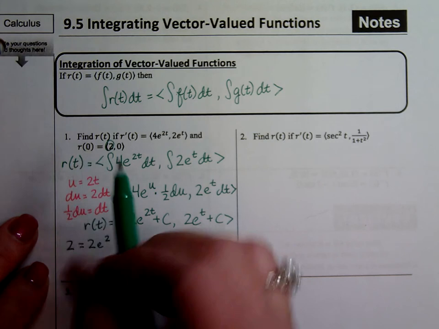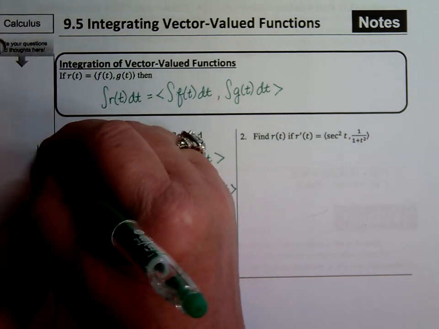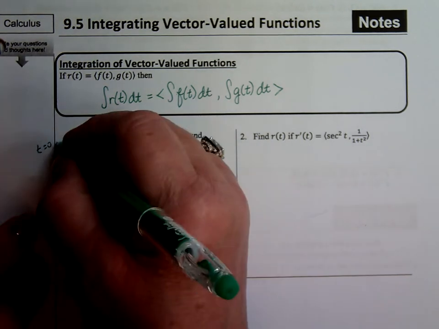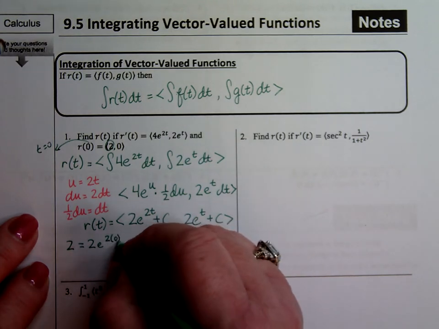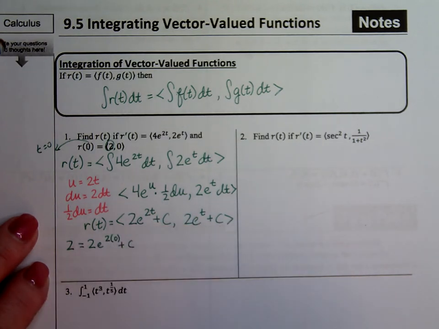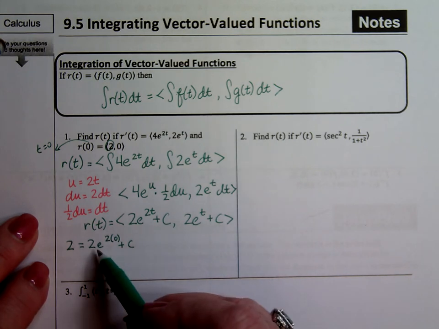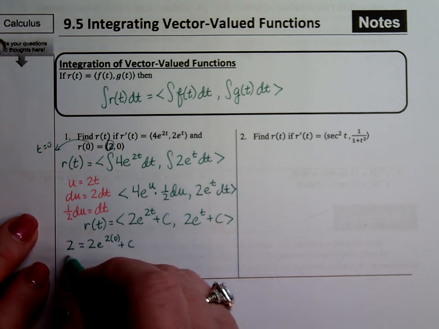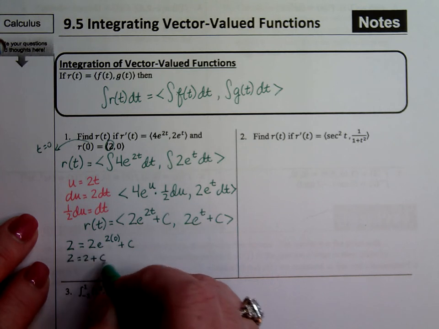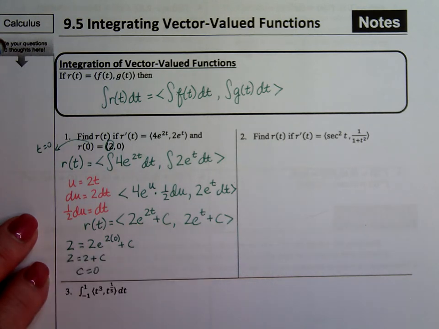This piece here means that t is 0. That is going to allow me to solve for c. If I look at this, I have e to the 0 is 1. 1 times 2 is 2. 2 equals 2 plus c, so c is 0.